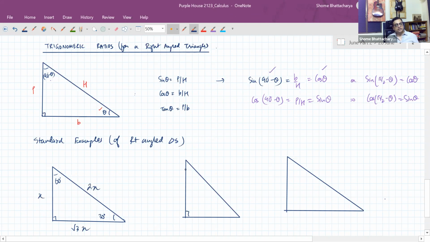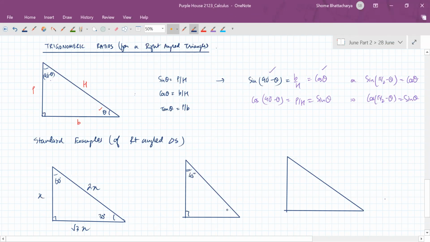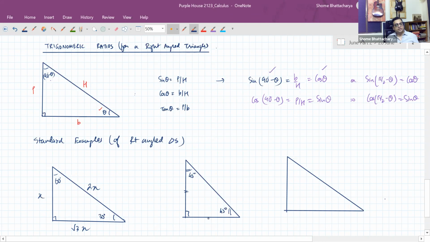Whereas if these two angles are the same, 45 degrees and 45 degrees, these two sides will be the same and this side will be root 2 times this. Whereas if this angle is 37 degrees, so this angle becomes 53 degrees, then the sides will be in the ratio 3x is to 4x is to 5x.